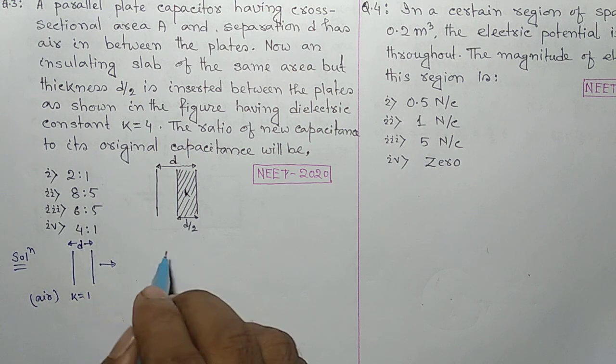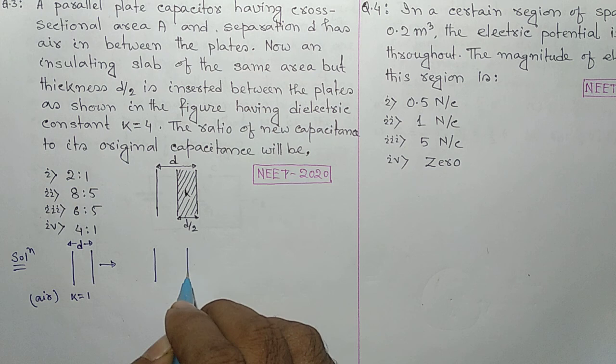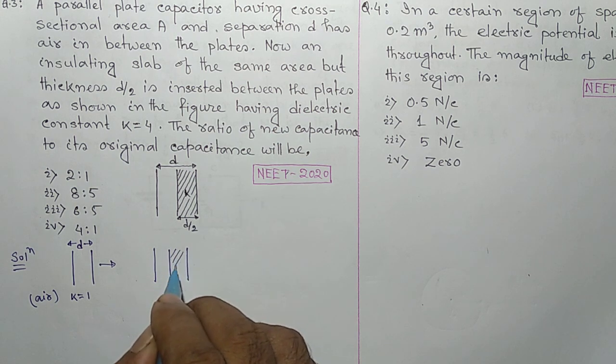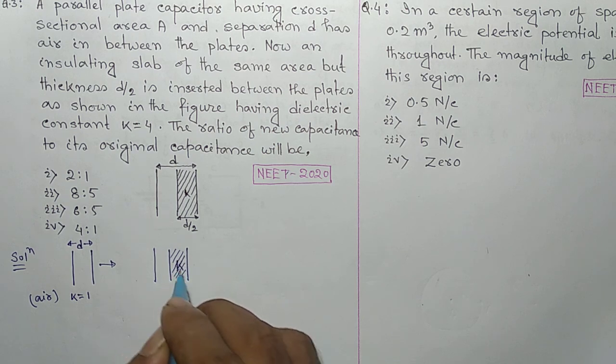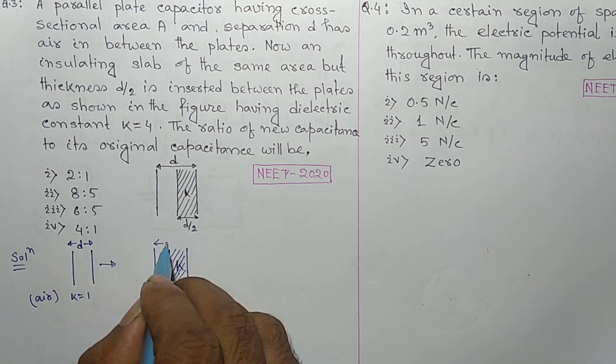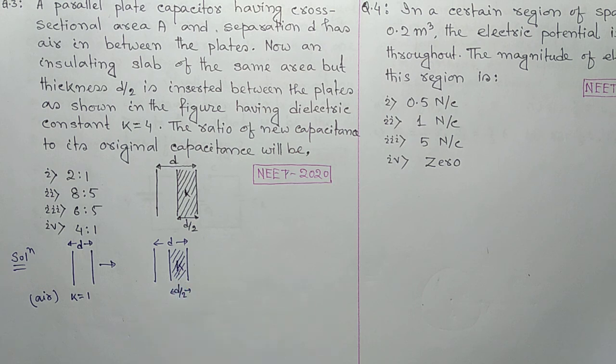Now if we insert a dielectric slab of dielectric constant K, of thickness D by 2, with total distance D, then its capacitance will change. Now we have to find the ratio of the new capacitance to the original capacitance.